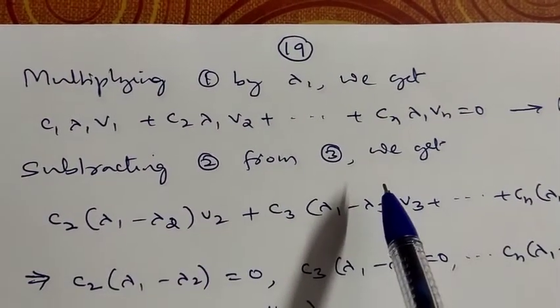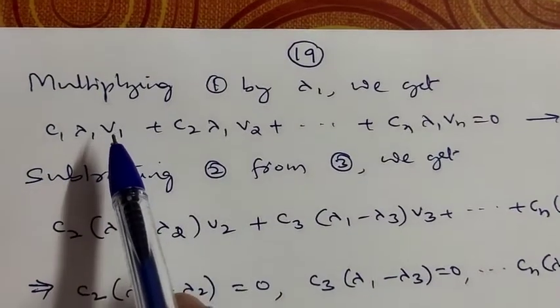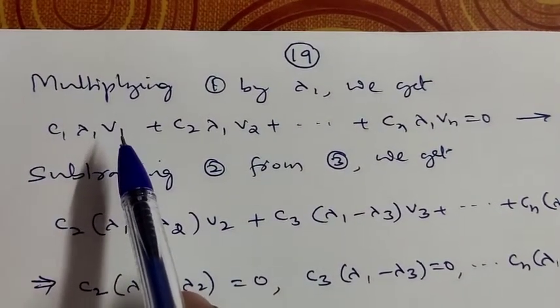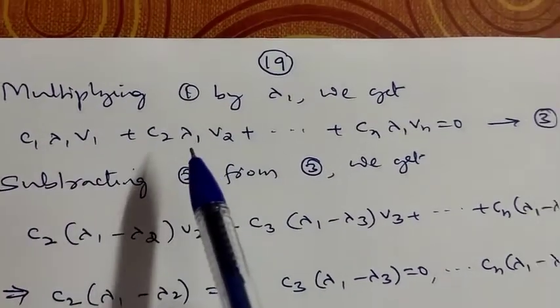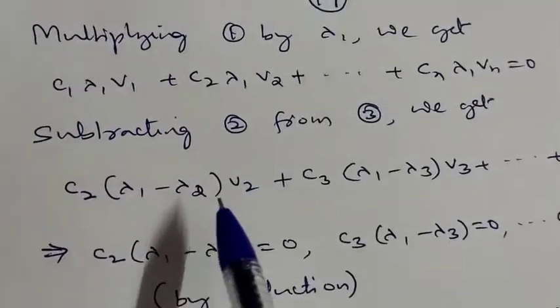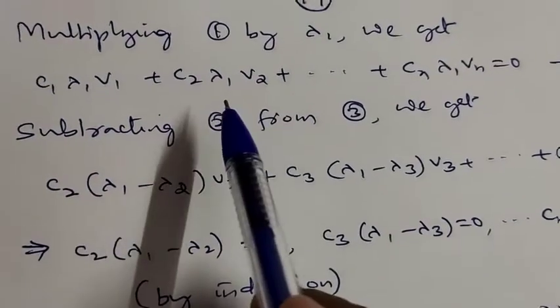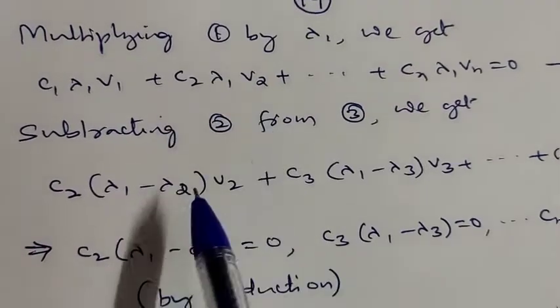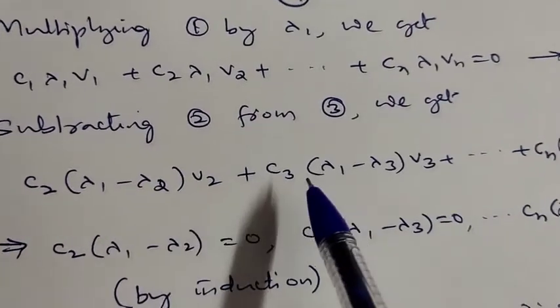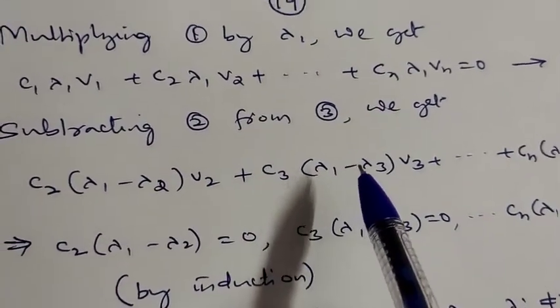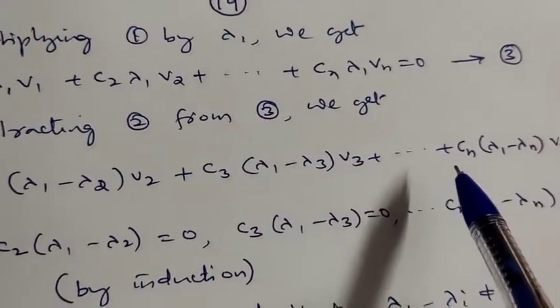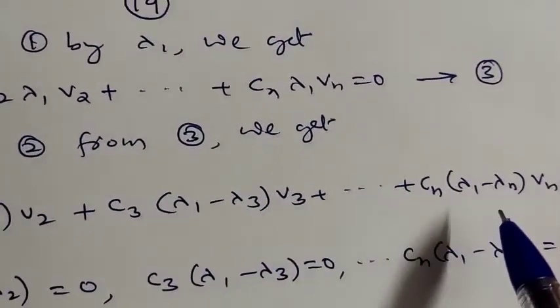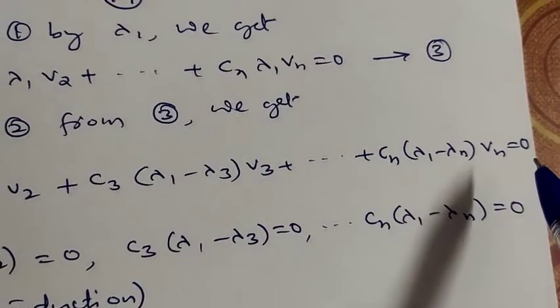Then the first expression gets cancelled, c1 lambda 1 v1 is common in both 2 and 3, therefore it gets cancelled. So the other terms are c2 into (lambda 1 minus lambda 2) into v2 plus c3 into (lambda 1 minus lambda 3) into v3, etc., cn into (lambda 1 minus lambda n) into vn is equal to 0.